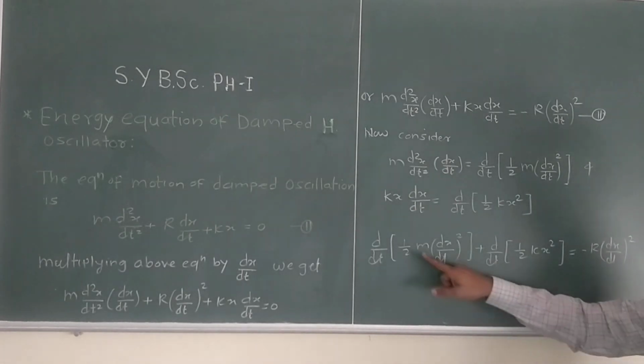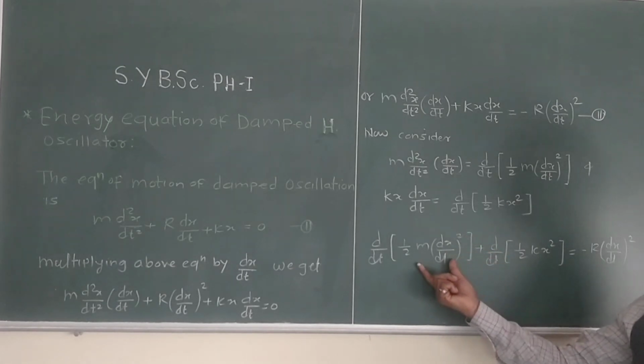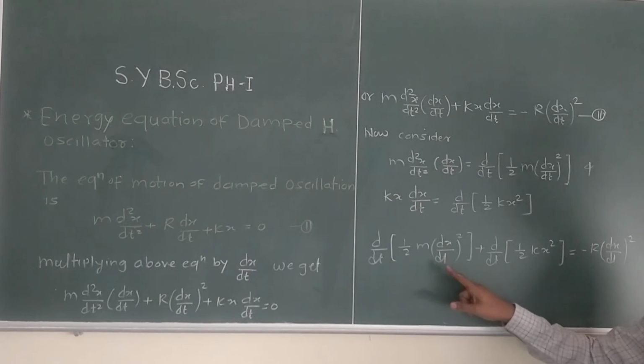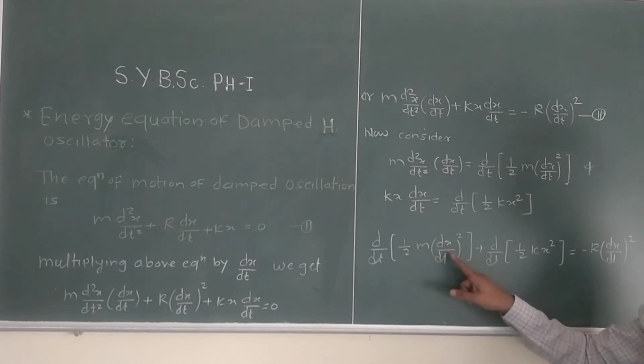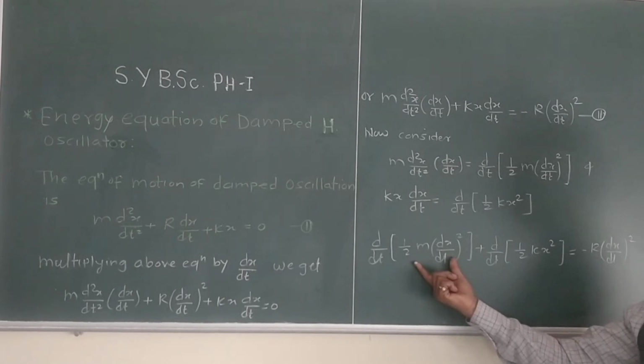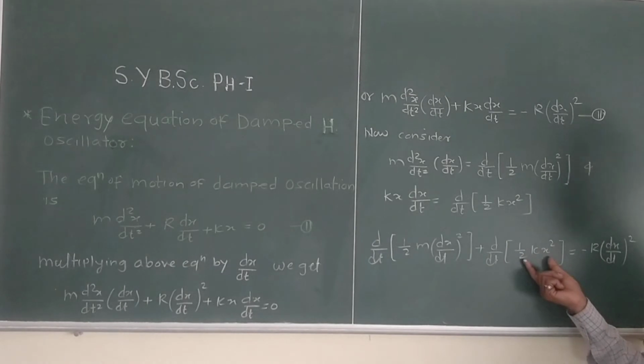Now here half m (dx by dt) whole square is the kinetic energy, that is half m v square, and half kx square is the potential energy.